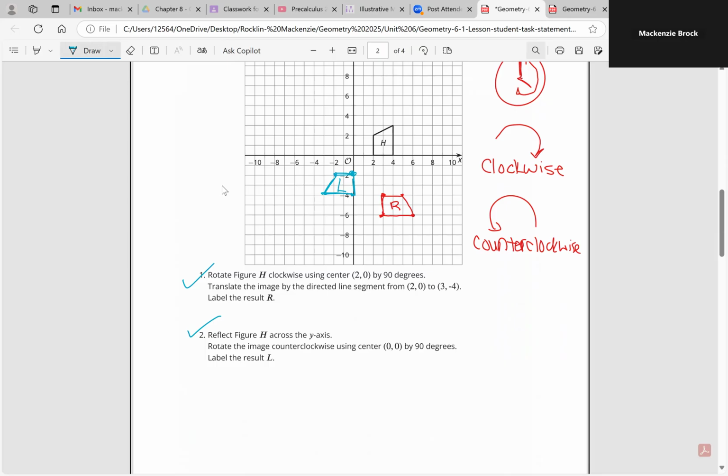Yeah, so again, with both of the rotations, I really just rotated one point and then I just drew the rest of the figure because it's a pretty straightforward figure. Like if you have one, then that's 2 across, that's 2 across, that's 3 across, and then you can connect that. So, yeah, that's how I did that one.